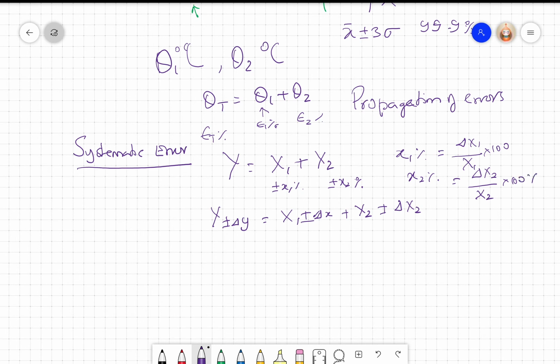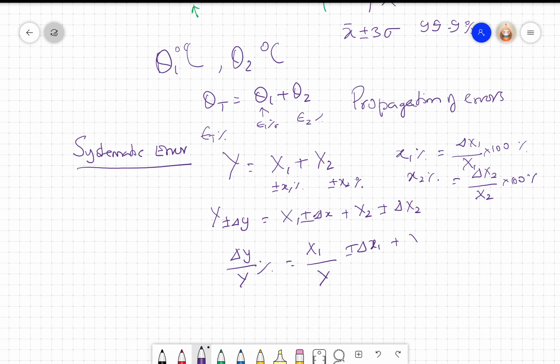This we should remember, right? So now if I have delta y by y percent, this would be x1 by y plus or minus delta x1, right? Plus x2.